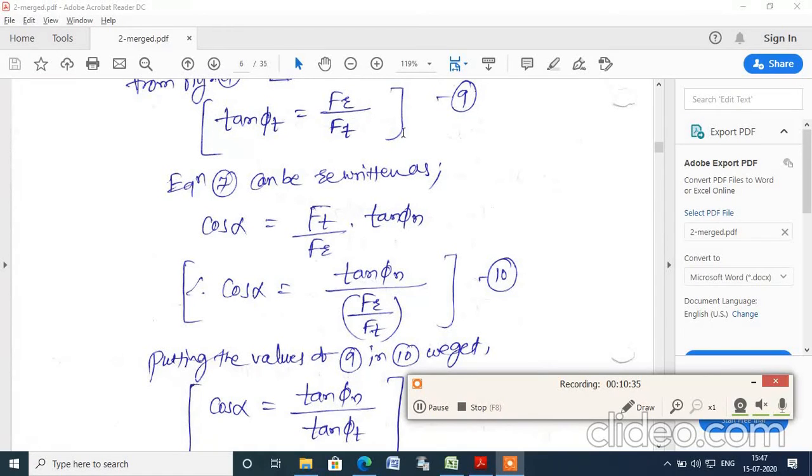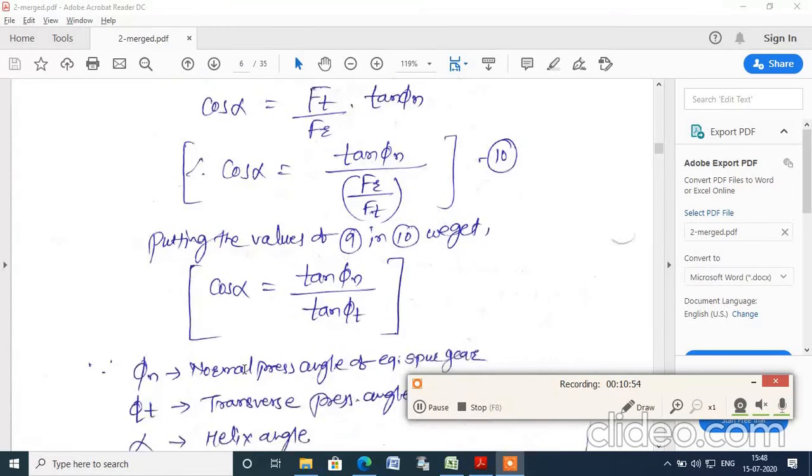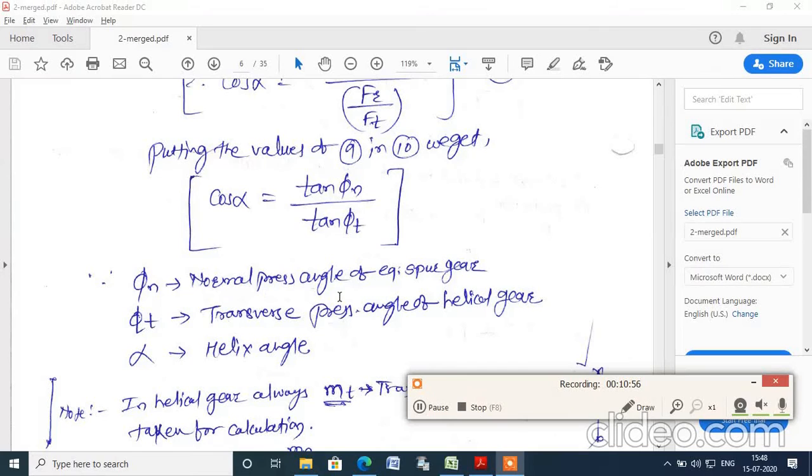Putting the values of equation 9 into equation 10, we get Fr by Ft as tan phi t. So cos alpha equals tan phi n upon tan phi t. Why is this equation used? If you don't know alpha directly, but you know phi n and phi t, we can calculate alpha by using this equation. Here phi n is the normal pressure angle of the equivalent spur gear, and phi t is the transverse pressure angle of the helical gear.